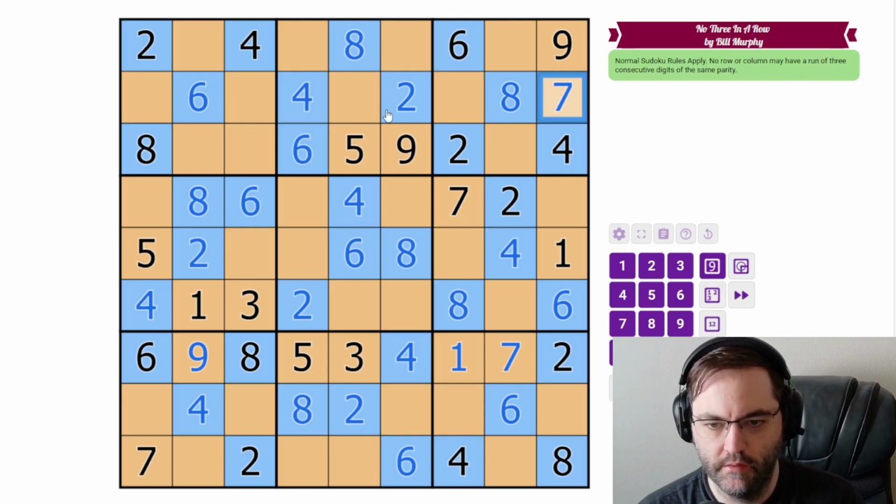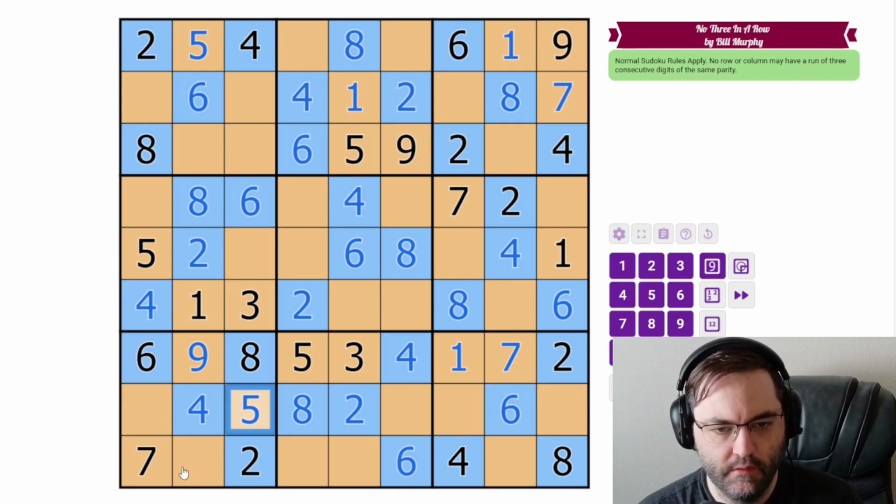I'm trying to do this without too much pencil marking, which may be a mistake. This cell sees 3, 5, 7, 9. It must be 1. We have 3, 7 up here, 1 and 5, so that's resolved from this 1. The 5 means this is 5. This is 1, this is 3, 7.